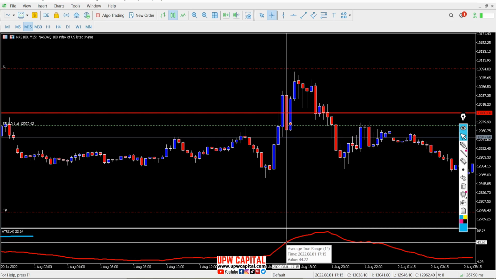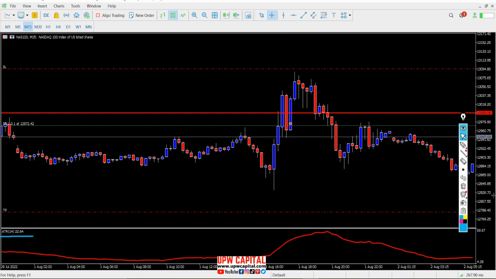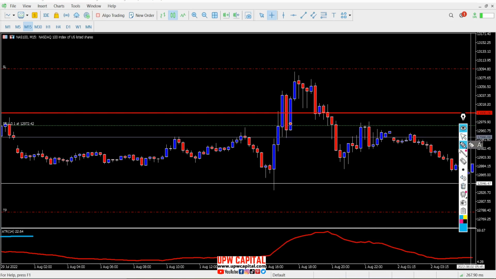So it'll be 44. And then I used a stop loss on the high of that candle. You can see it's SL, the stop loss. So that value of 44 is equivalent to 1 ATR.